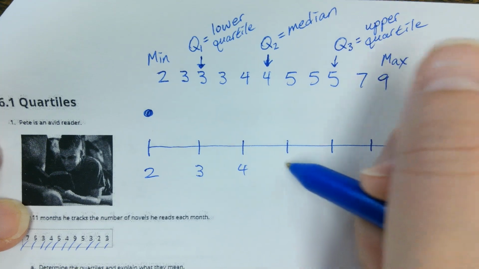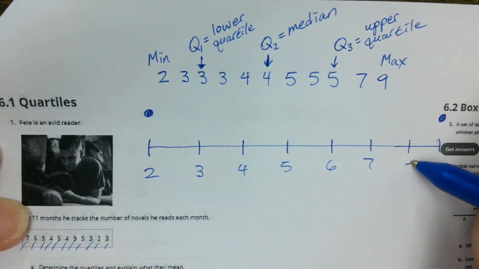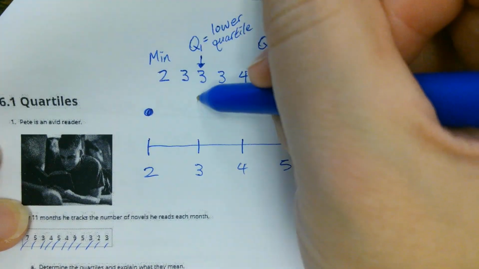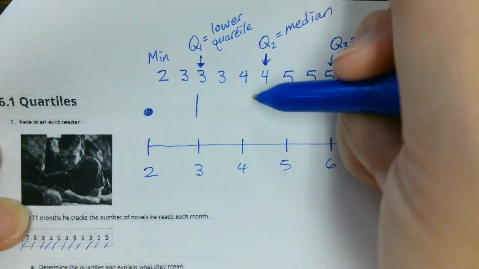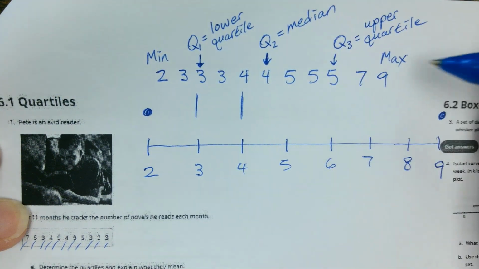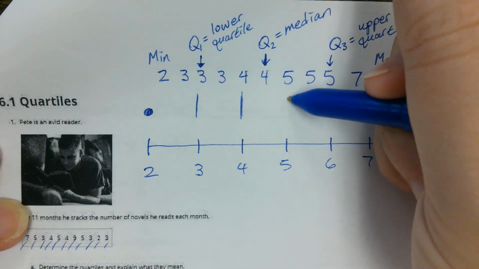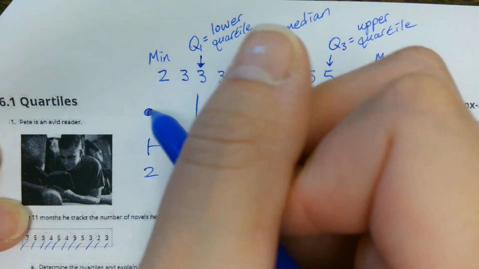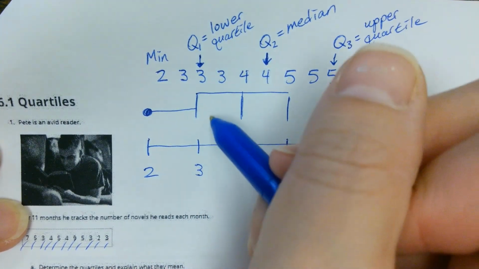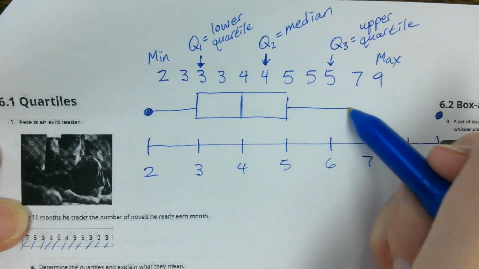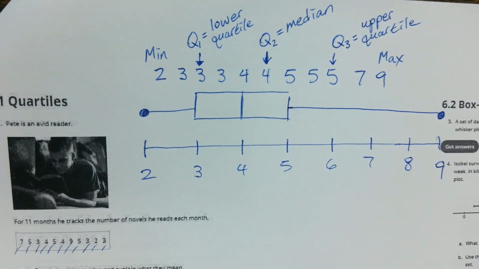Q2 is at 4. And Q3 is at 5. And there we go. Looks like that.